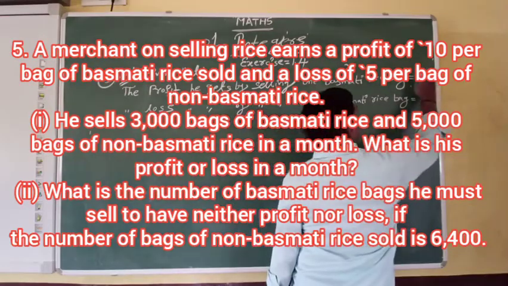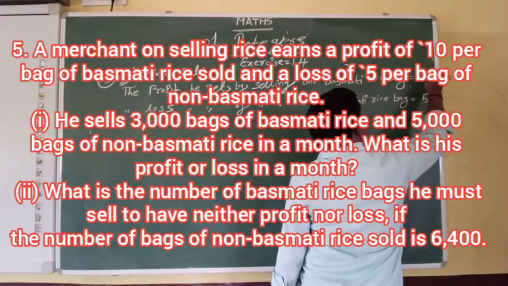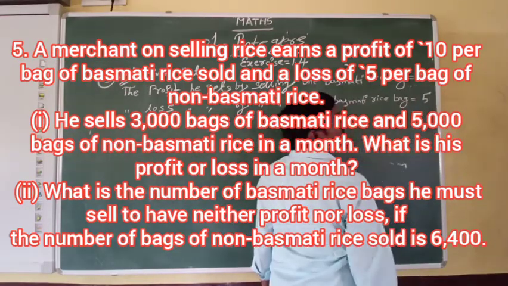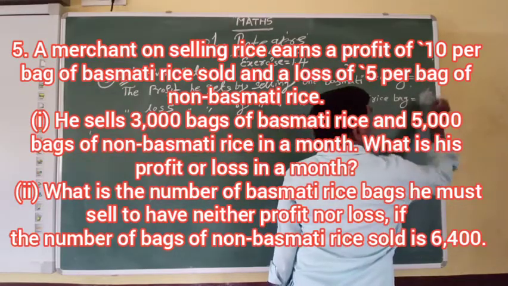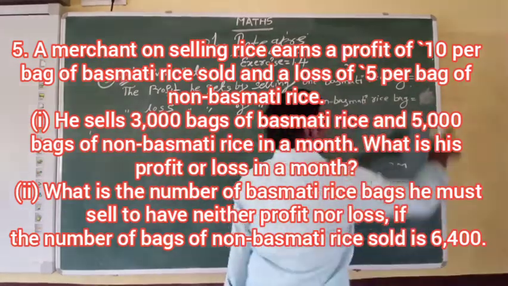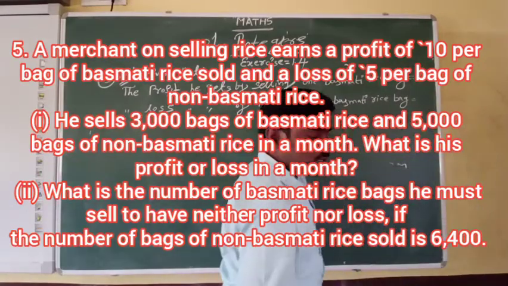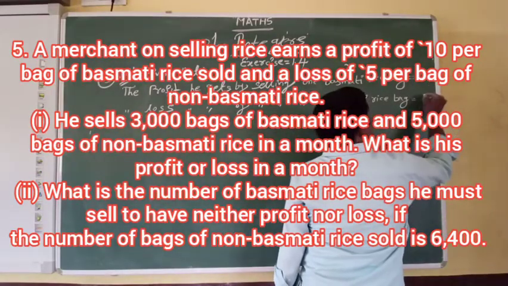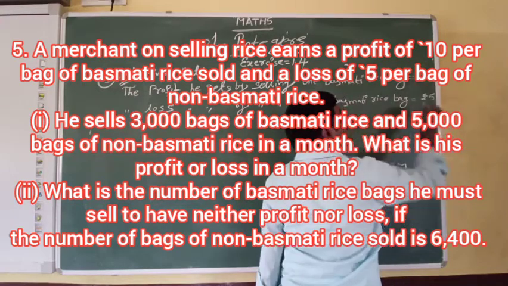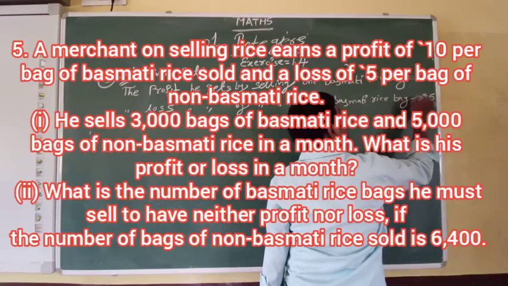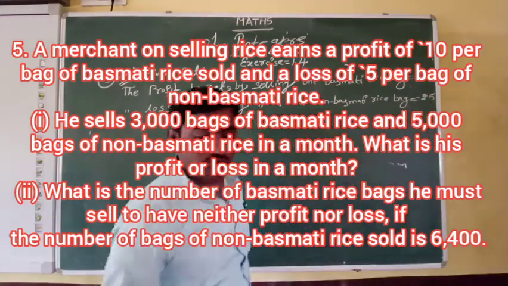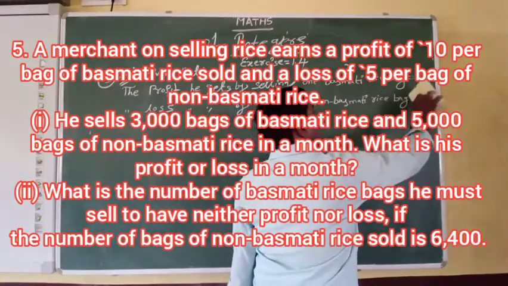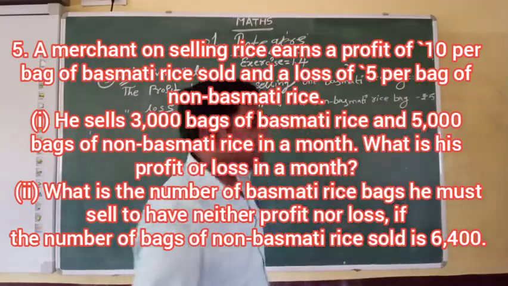He'll get 10 rupees profit on selling a basmati rice bag, and he'll get 5 rupees loss on the non-basmati rice bags. So we know that always profit will be shown in the positive, loss will show in the negative. So we'll get -5 rupees on selling every non-basmati rice bag.